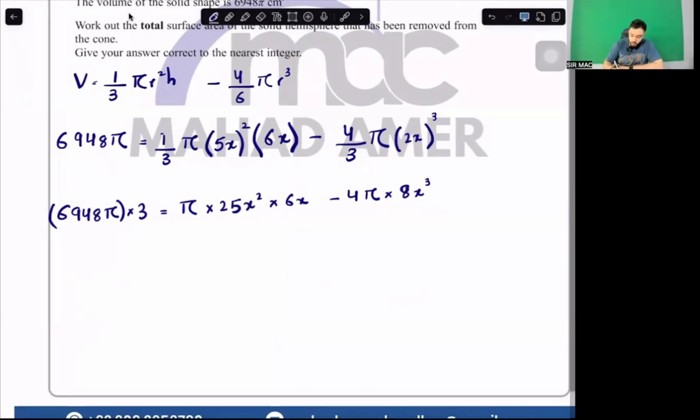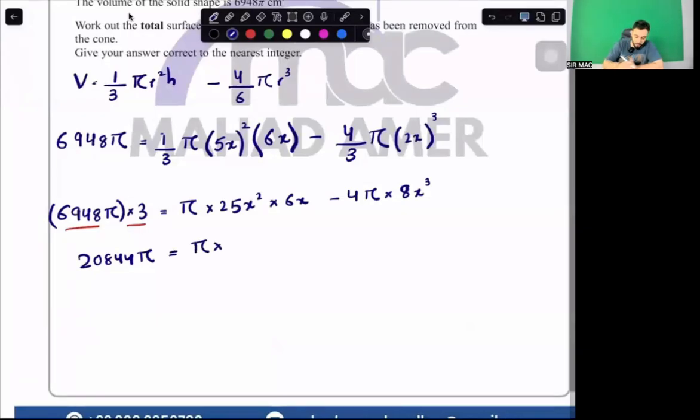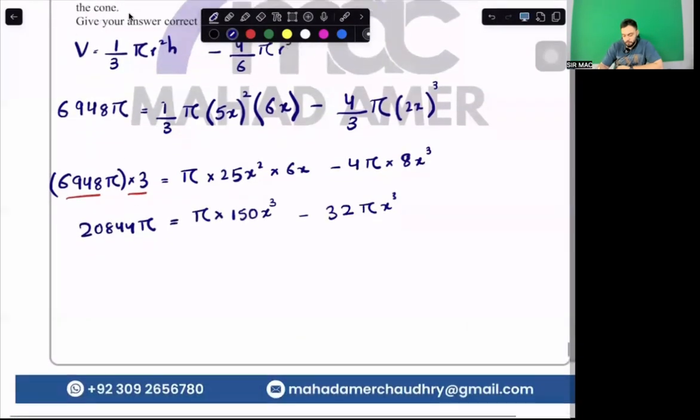Okay. So I'm multiplying these two numbers together first of all. I would be left with 20844 pi equals pi times 25 times 6, which would be 150x cubed, minus 4 pi times 8x, or you can just multiply that: 8 times 4 is 32 pi x cubed.